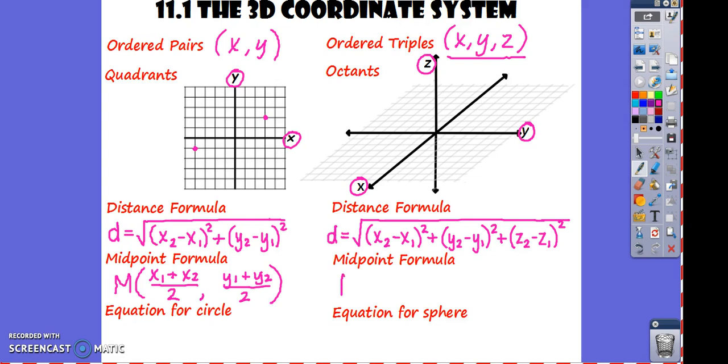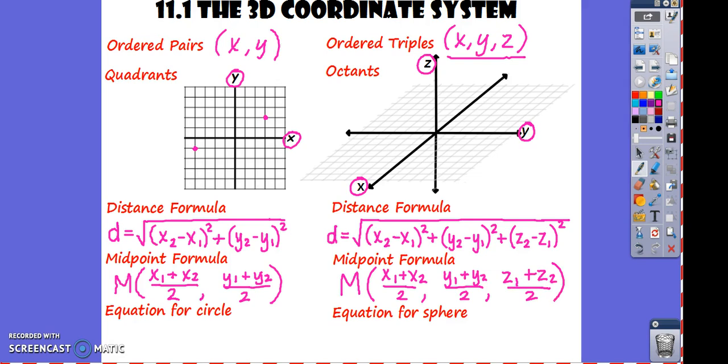So you can still find a midpoint between 2 ordered triples in space. And yes, it does work just like you'd hope. Again, that's just the average of the x, y, and z coordinates.